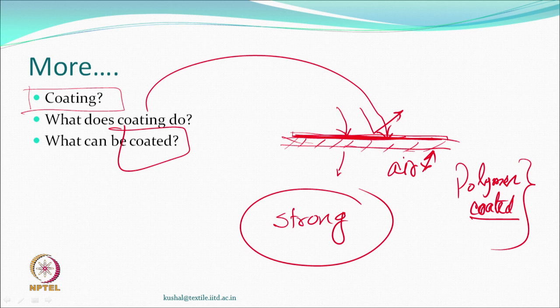So, both of them have a role to play. So, interesting role is textile gives you strength, of course, it is flexible, but you make a film or a coating so that the water does not penetrate. So, that is how you make things waterproof.